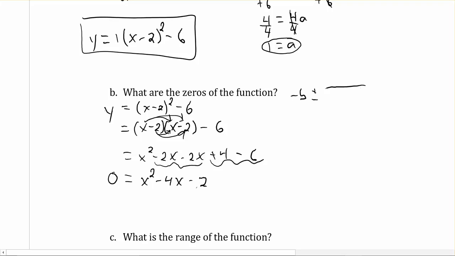Plus or minus square root b squared minus 4ac all over 2a. Okay, so b in this case was -4.